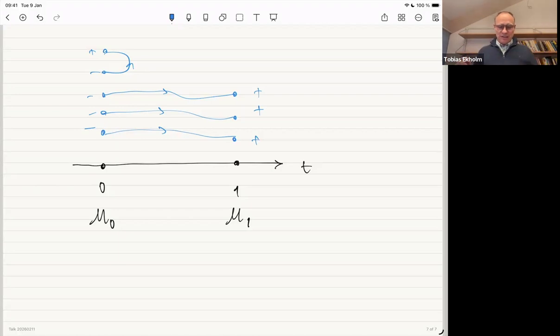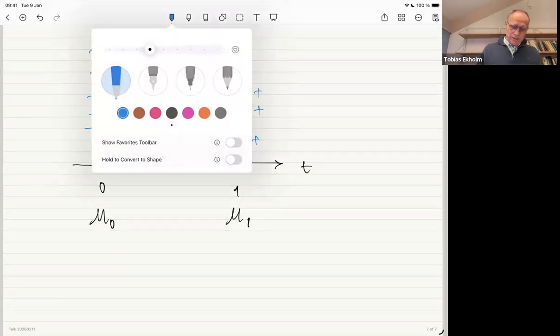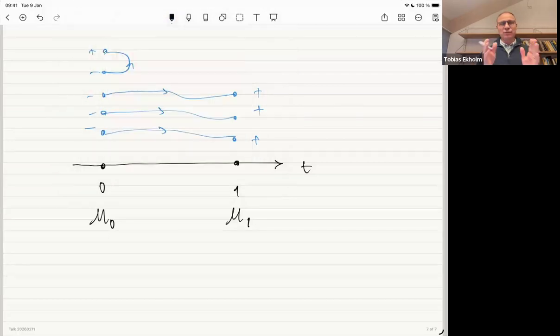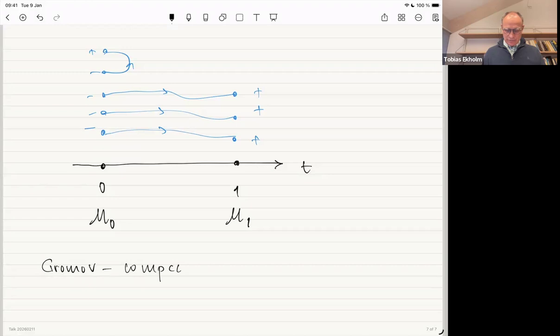This is almost true if the one-parameter family of solutions was smooth, and then somehow by Gromov compactness, this is almost true.